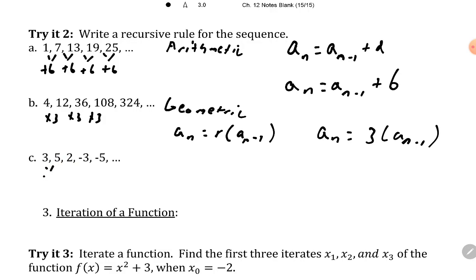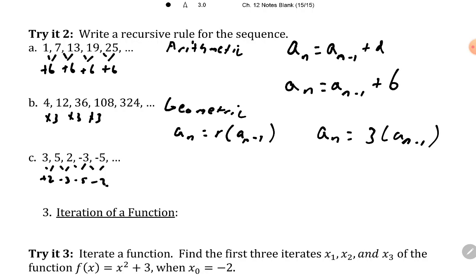So we have plus 2, minus 3, then minus 5, then plus 2, minus 2.